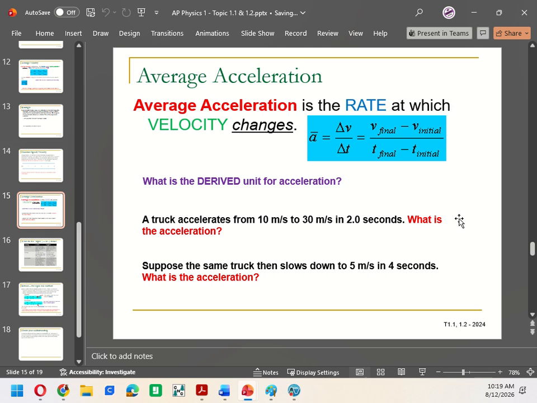Then it slows down. So the initial velocity of this truck for the second part of the problem is going to be 30. And the final velocity is going to be 5. So it would be 5 minus 30 over how long? 4 seconds.